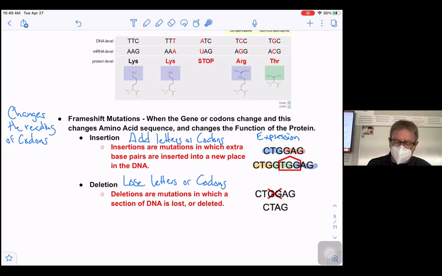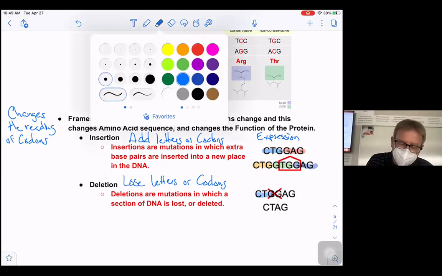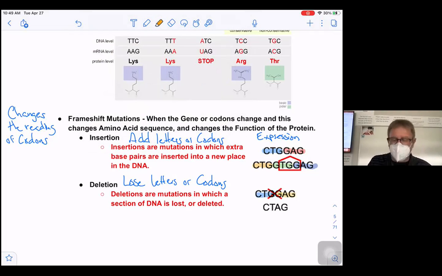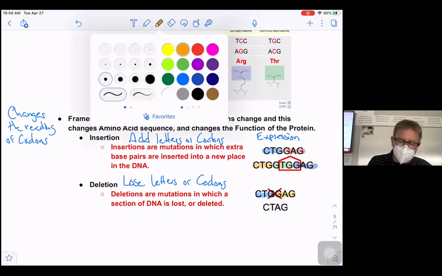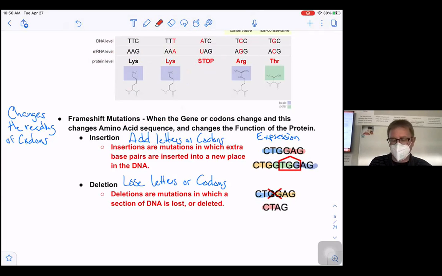Likewise with deletion, if you look at the way that these codons get read or grouped together, that would be our first one of CTG, and the second codon of GAG. But if you delete the two G's, you now get a codon of CTA, which is different from the first two.